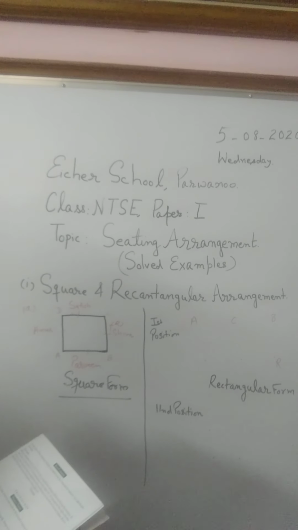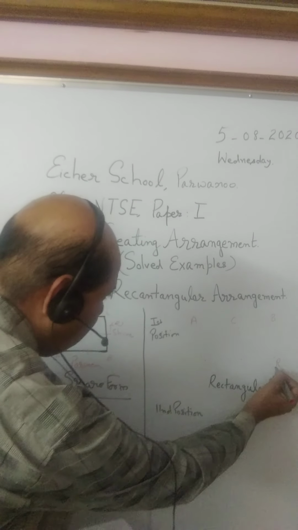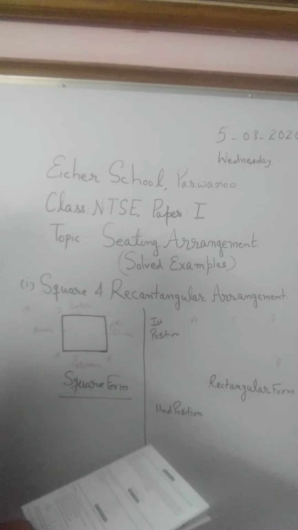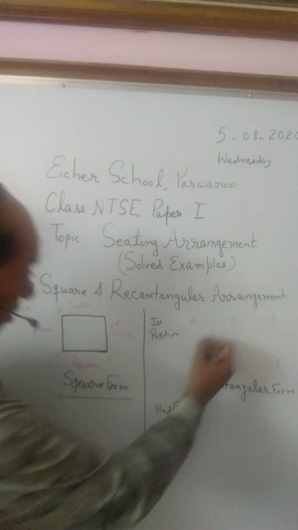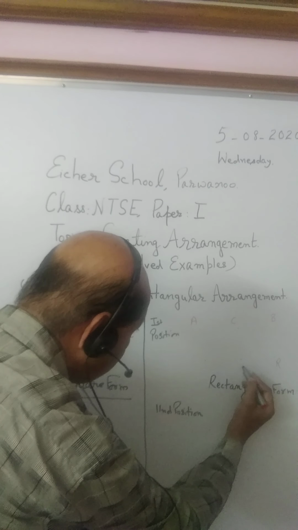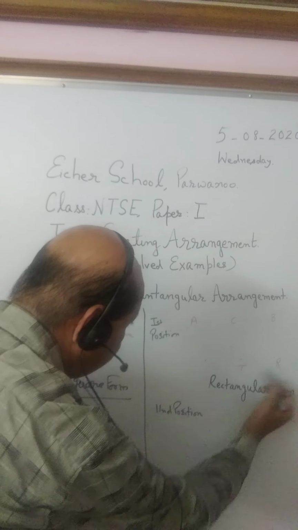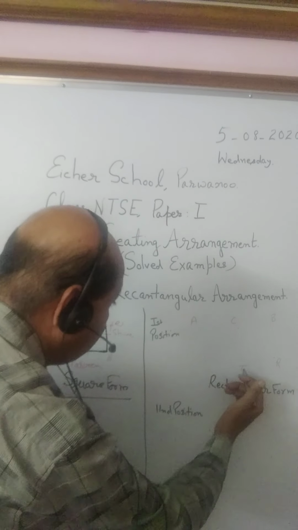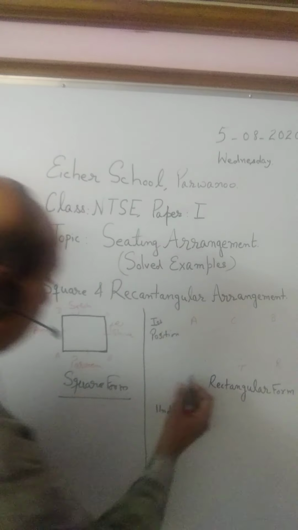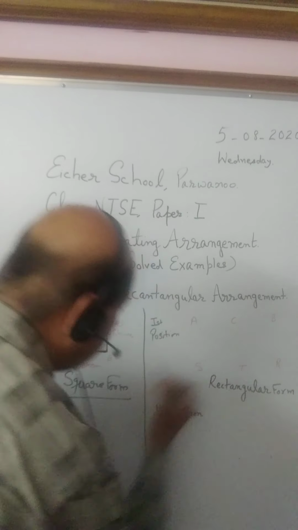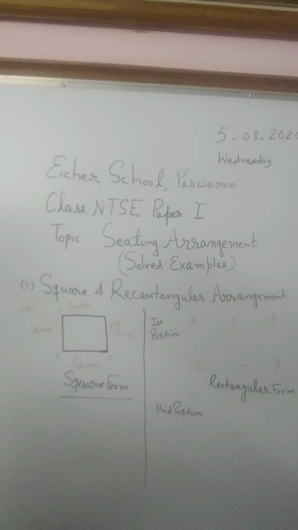Then he says that T is to the left of R, but opposite to C. Opposite to C here it is T, and left of R means on this side, T the girl will sit here. Now we are left with only S. So S will be at the other end of the rectangle. In this way these three boys and girls will be arranged.